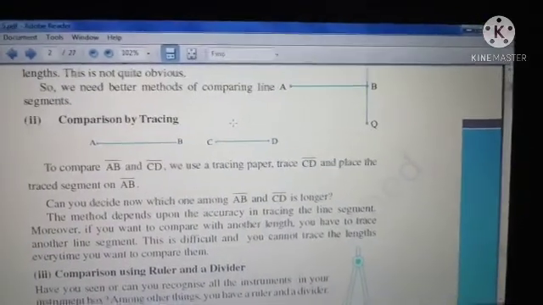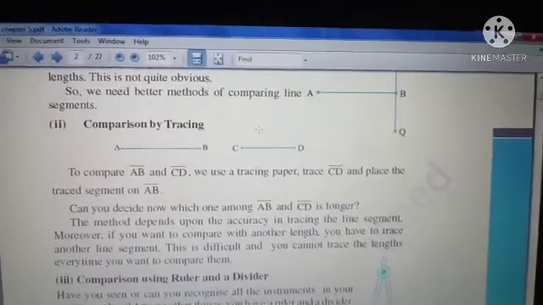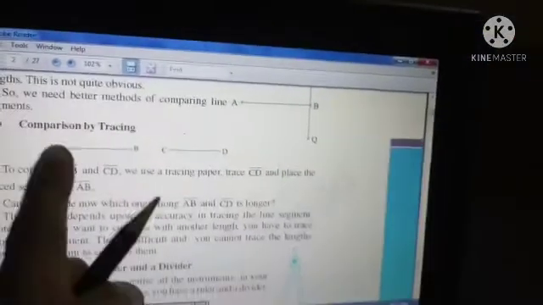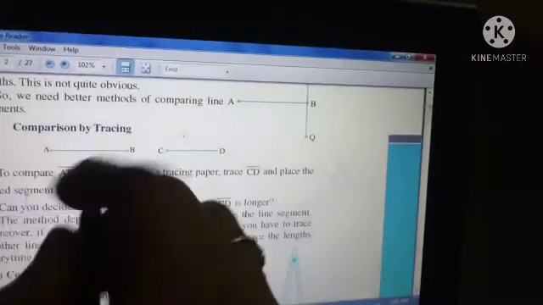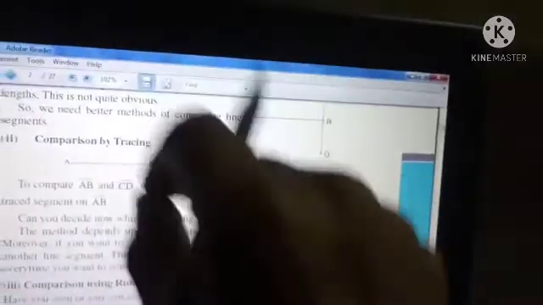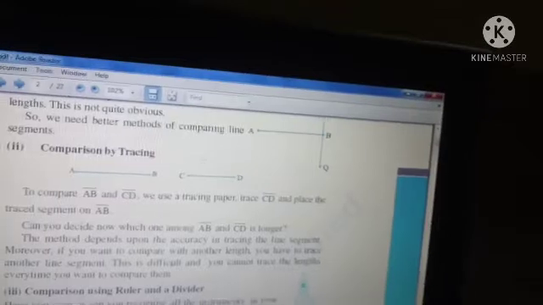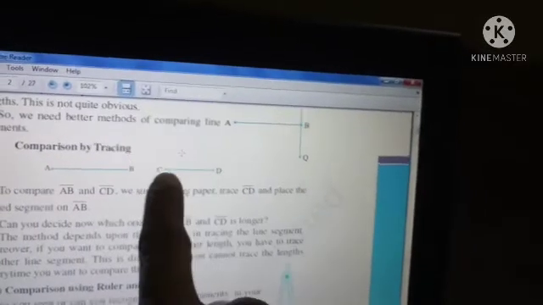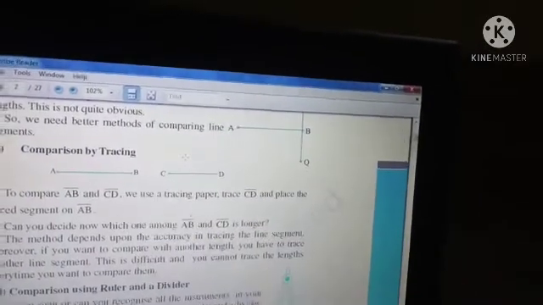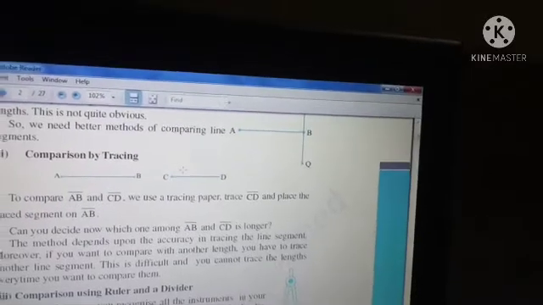In those cases, you will use trace paper. First, you take a trace paper and trace AB. You draw the AB line segment on the trace paper, take the trace paper and keep it above CD. When this AB line segment extends beyond CD, we say that AB is greater than CD.